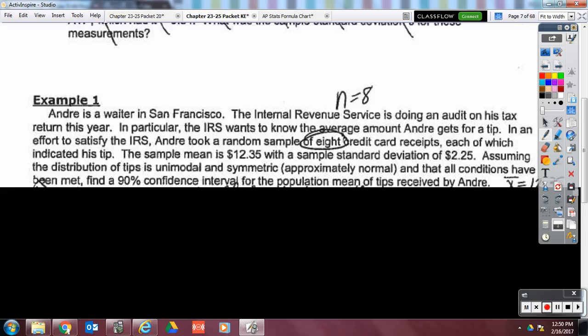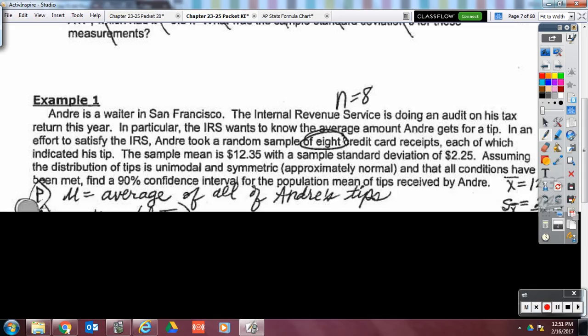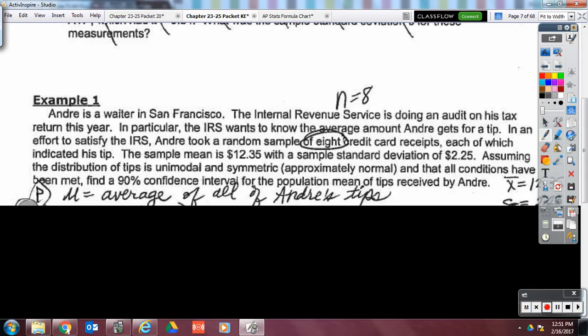So, what is the first thing in a PANIC model? Parameter. What is the parameter here? Okay, first of all, it's not the letter P equals. That was last chapter. Yeah, it's a mu. That's the population mean.